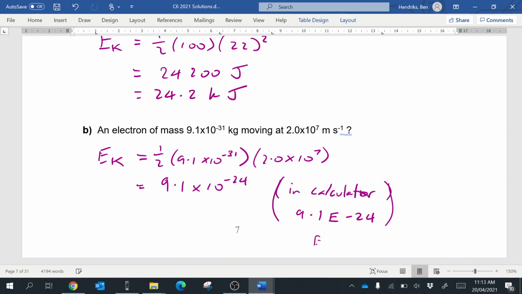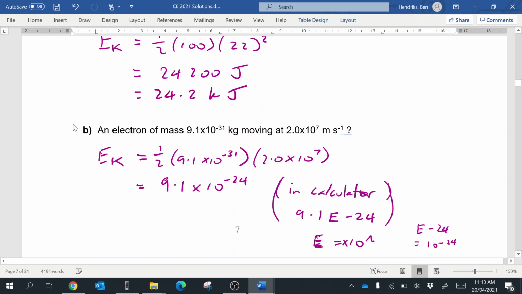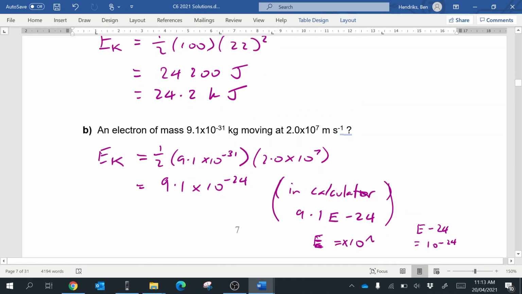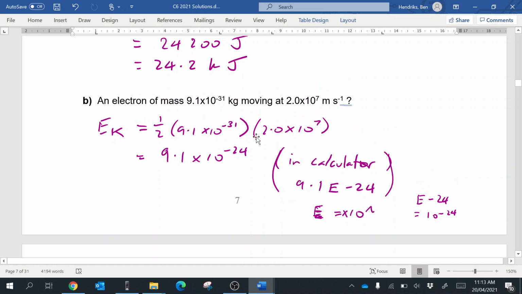So e minus 24, maybe I'm labouring this, is equal to 10 to negative 24. If you come across that in your calculator, that's what it means. Okie doke. Alright, so we'll leave those ones. We'll do some more examples next time on energy transfer.